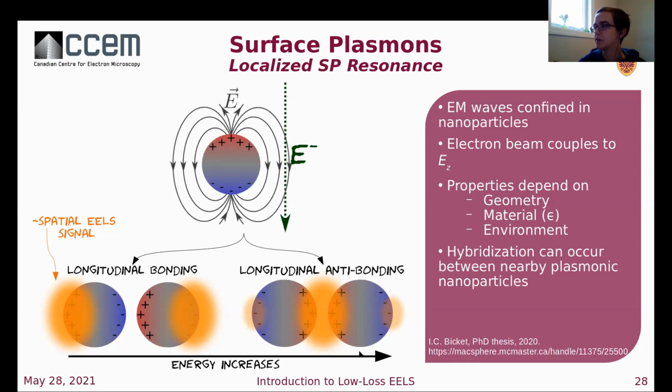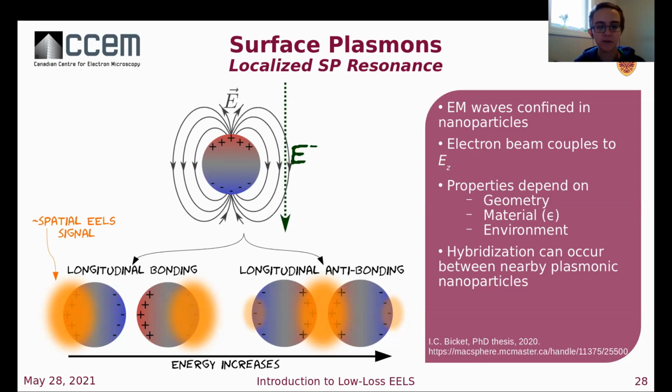In EELS, the electron beam interacts with the electric field of the resonance to excite a mode. The properties of these modes will depend on the geometry, the material's dielectric function, and the surrounding environment. And there are many, many examples of these. If you'd like to talk more, I'd love to talk about plasmons, so let me know.